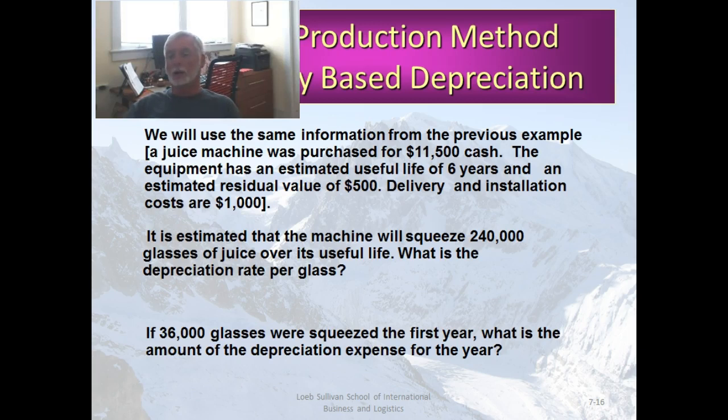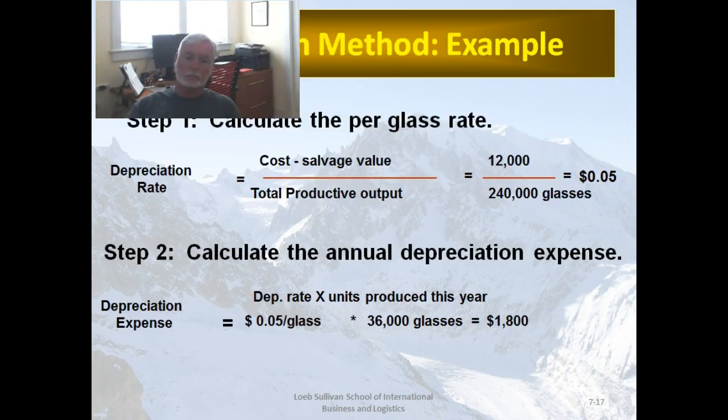Then below it tells you that in the first year we squeezed 36,000 glasses, so we multiply that depreciation rate times 36,000 and we get an answer. Depreciation rate is cost minus salvage value, 12,000 divided by 240,000, which is 5 cents per glass. Every time somebody squeezes a glass of juice, we're going to depreciate the machine 5 cents.